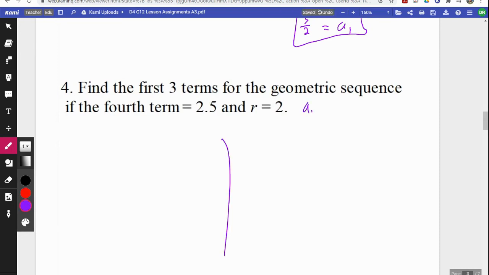We know a sub 4 is 2.5, we know that r is 2, and we know that n is 4. So if I wrote the formula, 2.5 equals a sub 1, the first term, times 2 to the 4 minus 1 power.